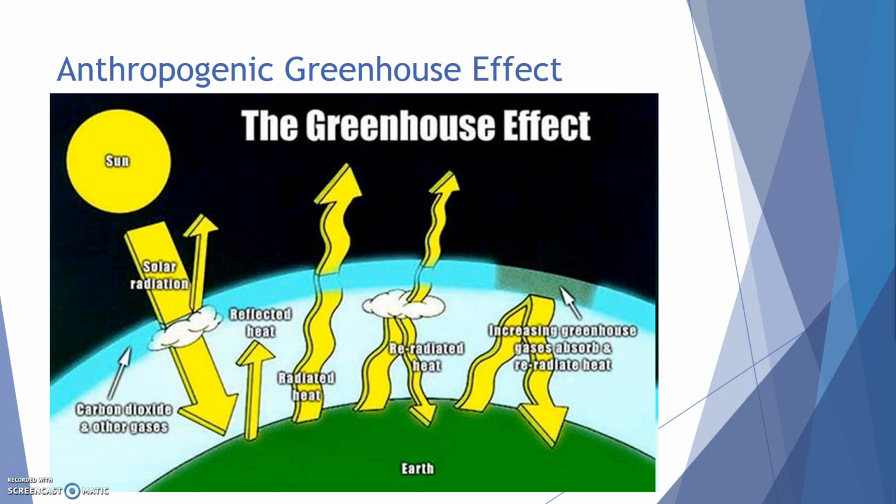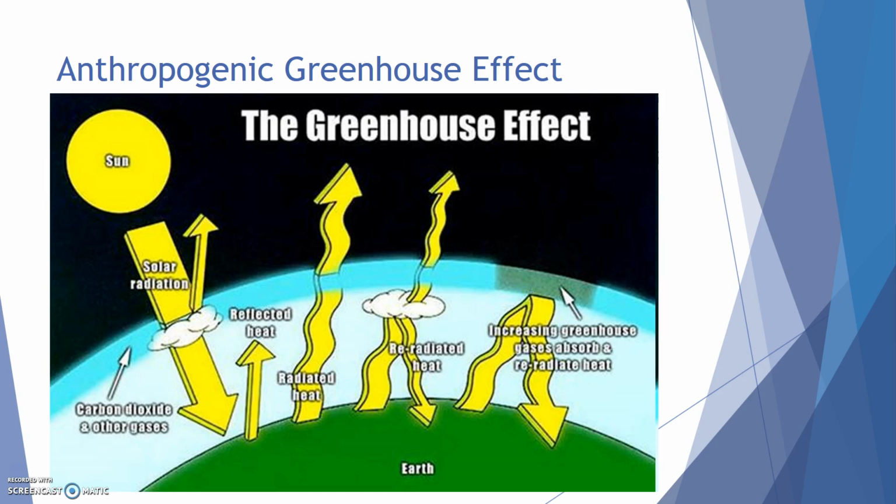So if we add greenhouse gases into our atmosphere, we are going to reabsorb a lot of the energy that was supposed to be sent out into space, and then of course some of that's going to be re-radiated as heat back into Earth. So I hope that you can see why that might be a little bit of an issue.